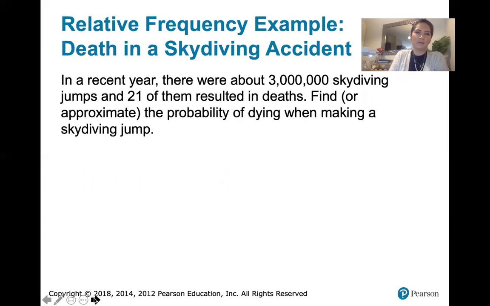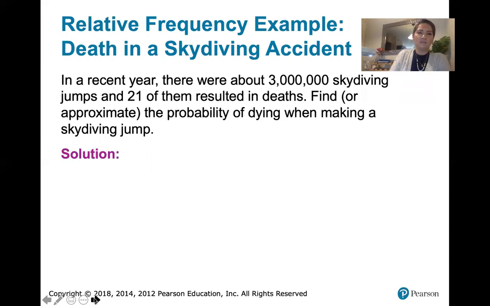So here's an example where it's dealing with deaths in skydiving accidents. It says, in a recent year, there were about 3 million skydiving jumps, and 21 of them resulted in deaths. The question says, find the probability of dying when making a skydiving jump, or alternatively, approximate the probability of dying when making a skydiving jump.